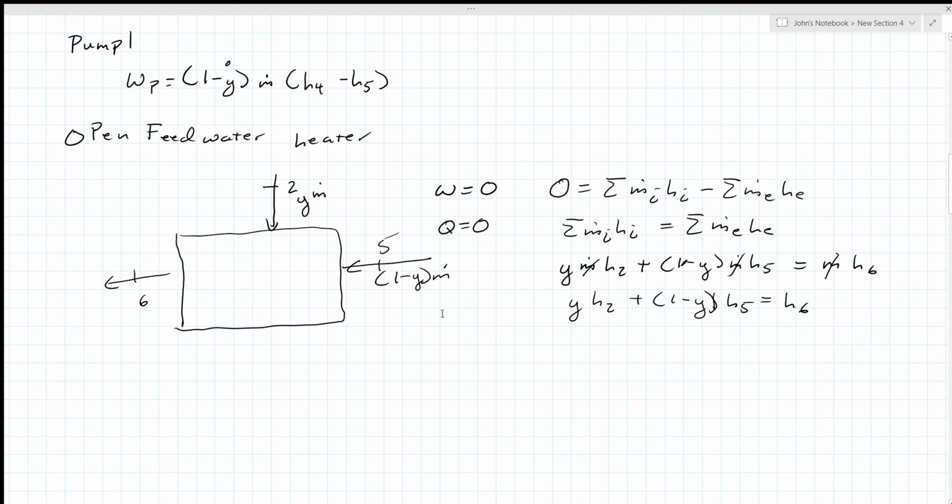I can't tell you what you're looking for until you get the entire problem. I've had problems where I'm looking for how much mass was diverted based off these enthalpies. What's my enthalpy of 6 after I go through the entire system to solve all this information? What was my pressure at state point 2? You don't know that, but you can with this equation here that we just got.